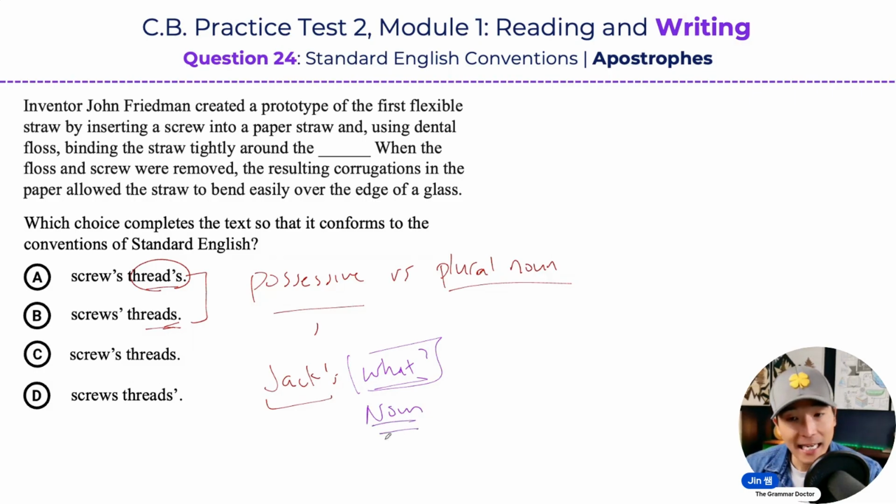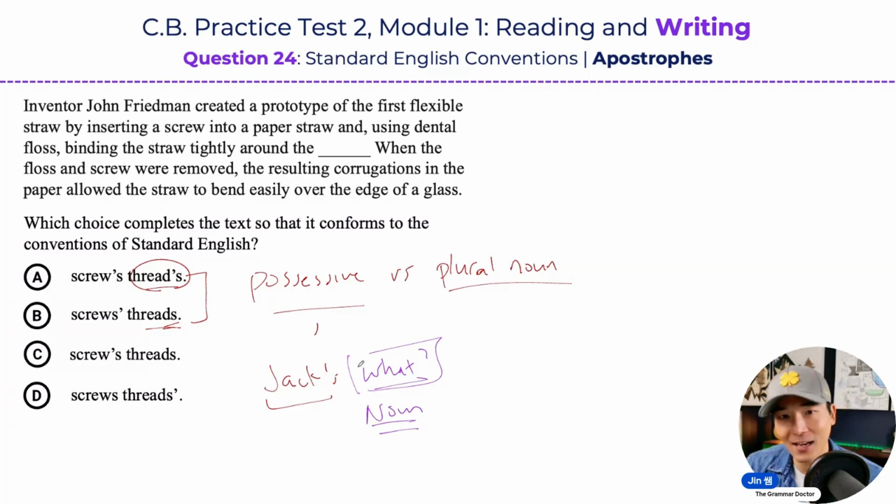Now, it's okay to have some adjectives in between the two nouns. So it's okay to say Jack's yellow book, or Jack's big and yellow book. But it's not okay to have a verb. You can't say Jack's was at the bookstore.